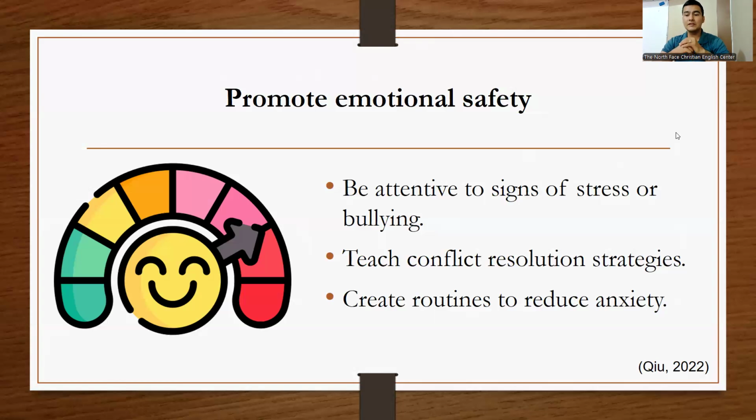So, create routines to reduce anxiety. As I said in the beginning, cold or heat or too much noise can create an environment of stress, or probably bullying. There's a kid that is making fun of other students. We need to solve that problem immediately.